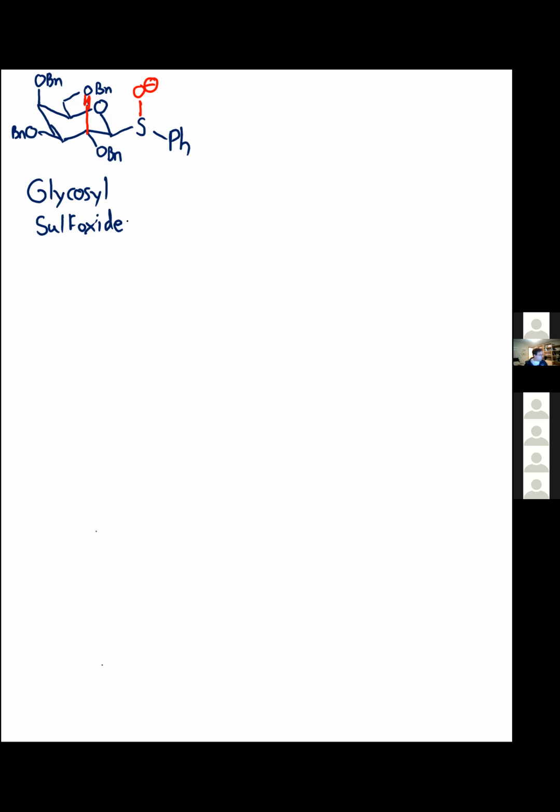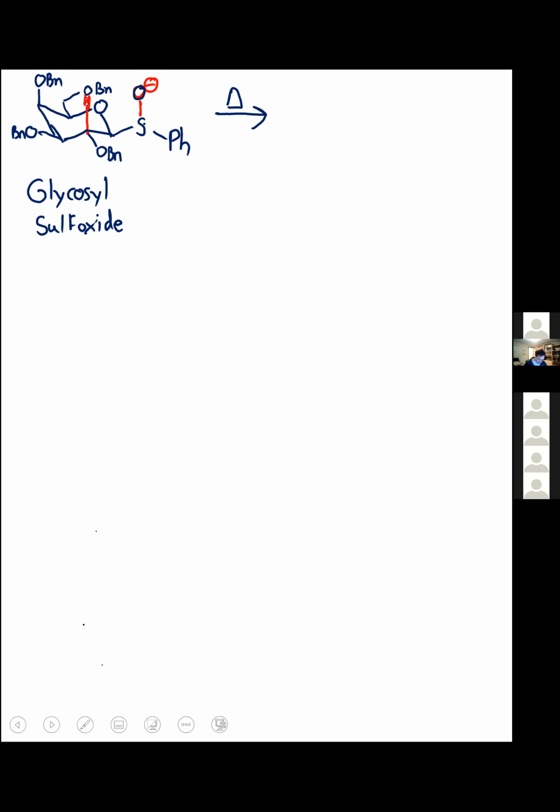And what you can do with this is notice that we have benzyl protecting groups everywhere instead of acetates. And we just heat it. We just heat it. Then what you have, again, is just think about what your shape here. Nature loves 5-membered rings. 1, 2, 3, 4, 5.